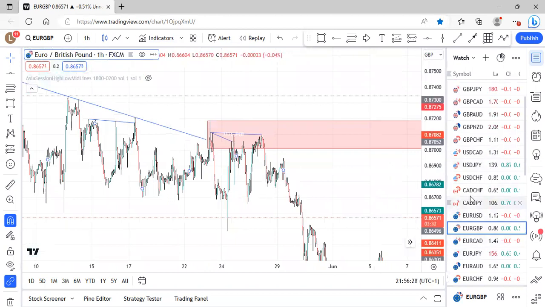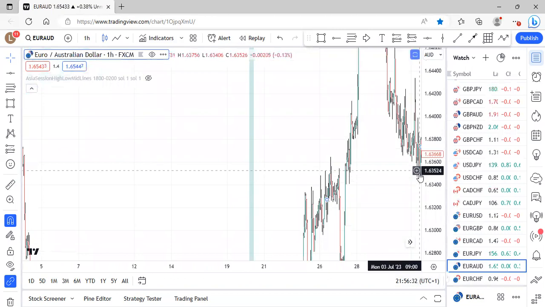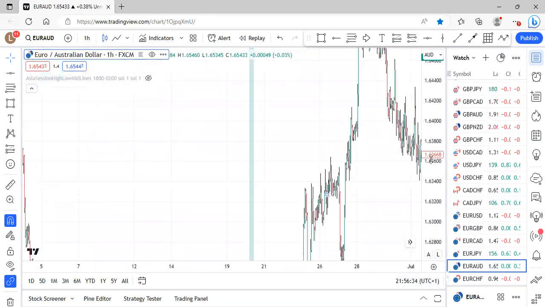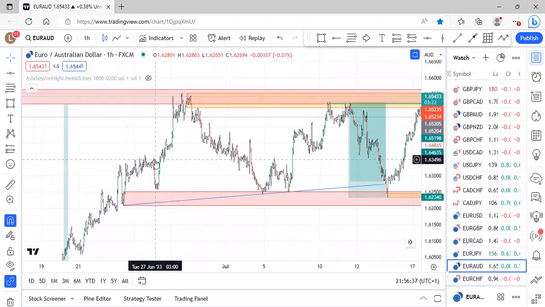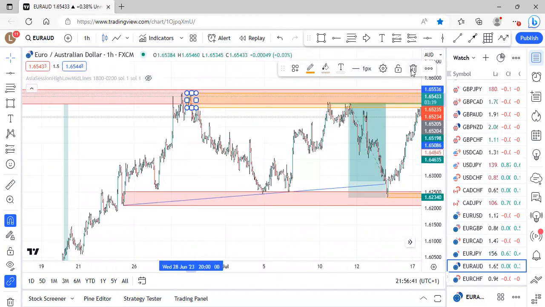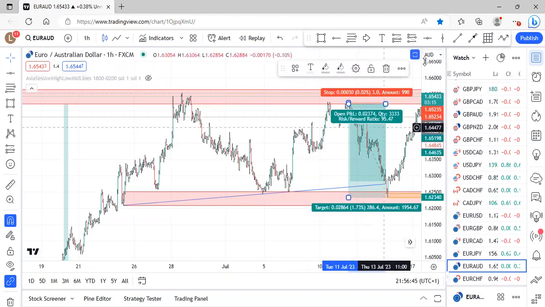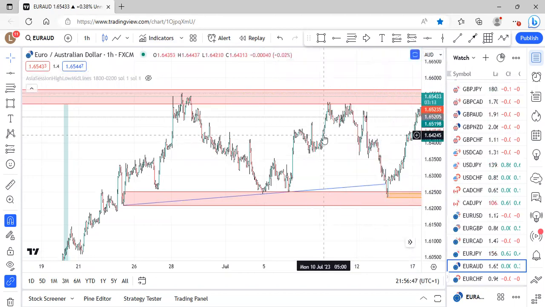I will just have a quick gander over Euro AUD. Now I've posted it in the group Friday, I think it was. Right through it.